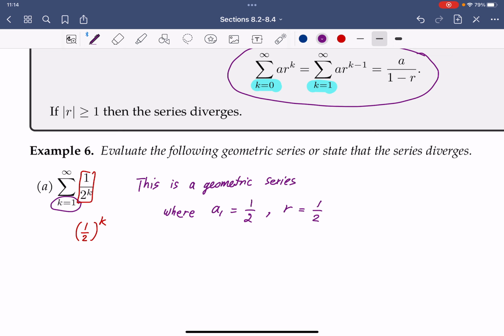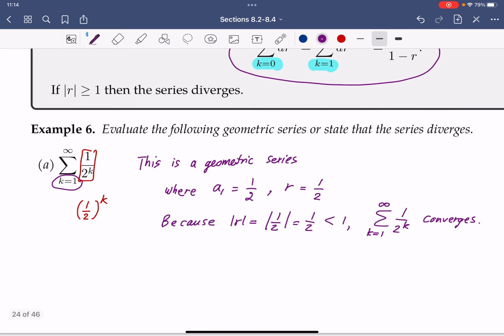Does it make sense? Because absolute r, absolute 1/2, is less than 1, you can conclude that the summation of 1 over 2 to the k, k from 1 to infinity, converges. It is convergent for sure because absolute r is less than 1.